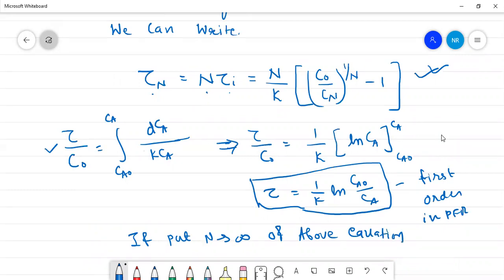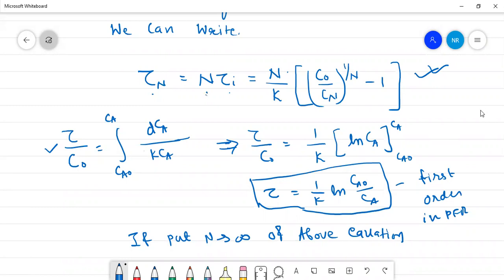If I put n tends to infinity, then what does this equation become? Can you reduce this equation and tell me the answer? Infinity divided by infinity, C0 divided by C infinity, 1 divided by infinity minus 1.